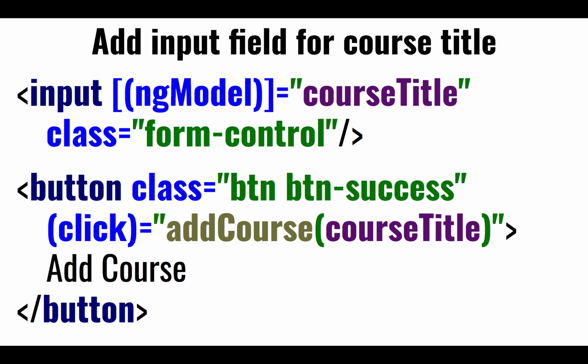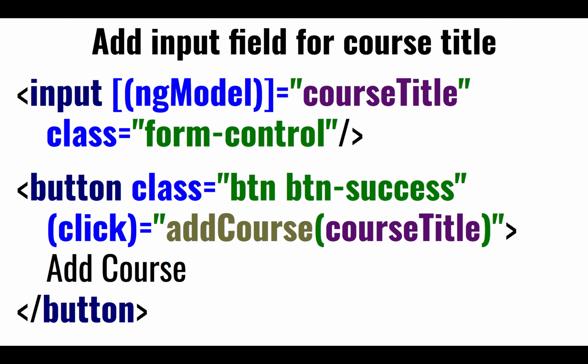Then down here we have a button, and this is the same button we had earlier to add a course. The difference is that before we had a hard-coded string. Remember that? It said new course. It was just a hard-coded string in the previous example. Instead, here it is referring to a variable that is being declared here in the template, way up there, the course title.